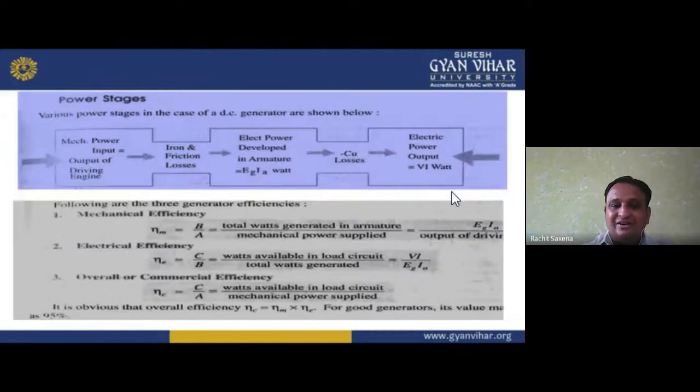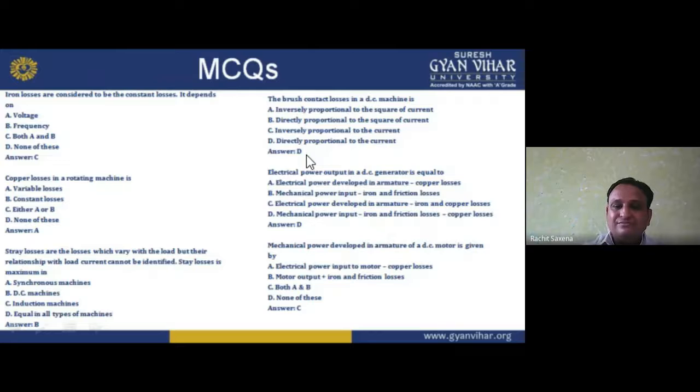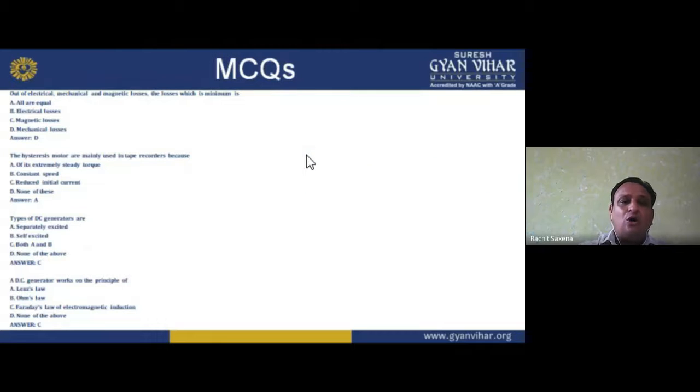We have already studied this; see, now this is the answer. Then, out of electrical, mechanical, and magnetic losses, which is the minimum? The answer is mechanical losses, which I told you earlier are 10 to 20%. I hope you understand.